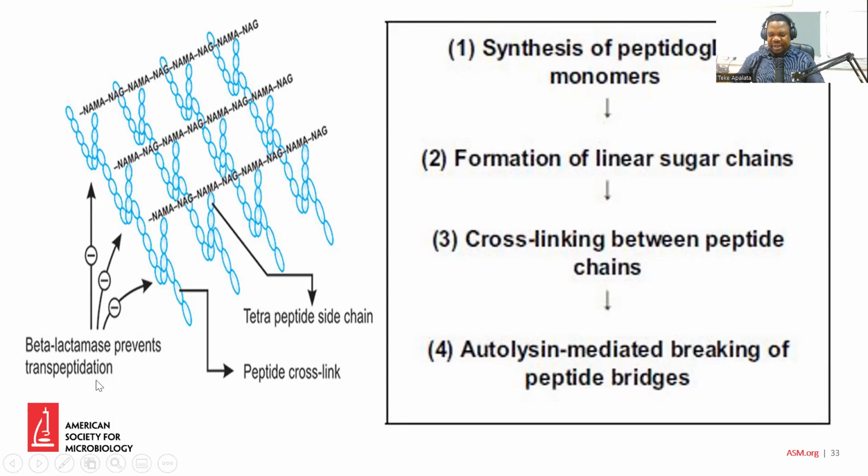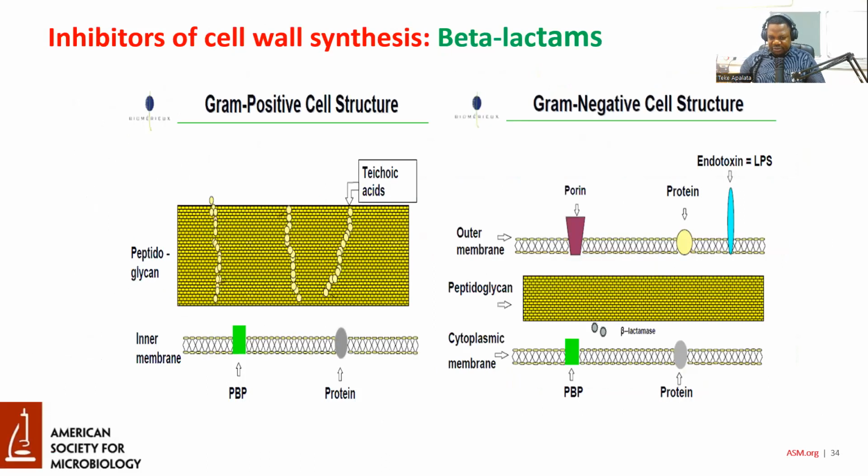The beta-lactams are well known to prevent transpeptidation, which is the cross-linking between peptide chains. By interfering with that mechanism, they make the peptidoglycan layer more fragile and prevent its synthesis from being completed. Here we have two pictures, a gram-positive cell structure and a gram-negative cell structure.